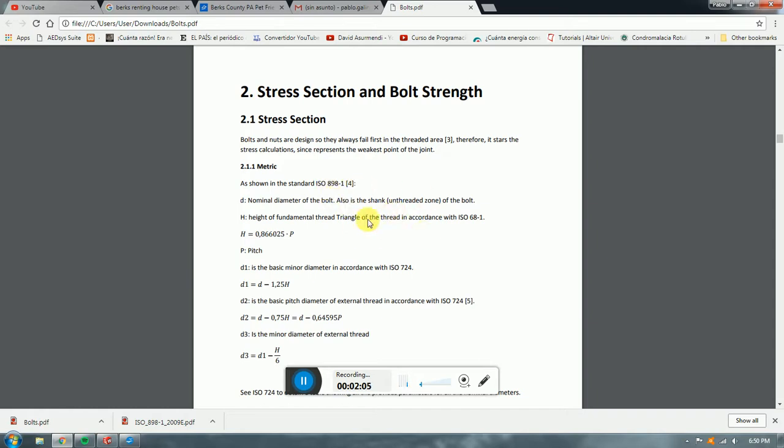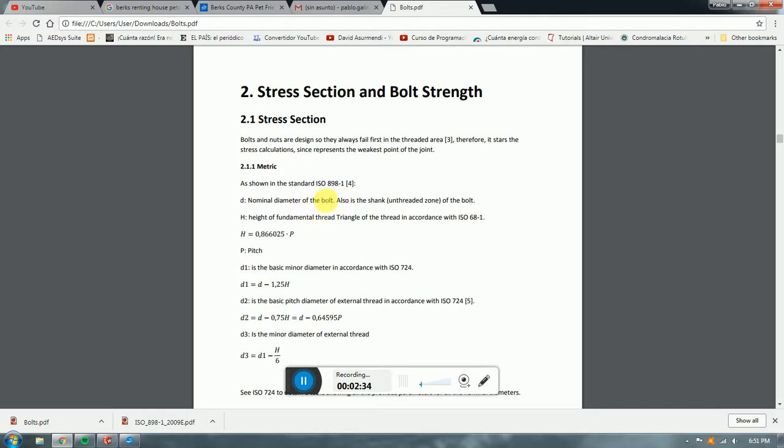Also, in some, okay, this is not completely true. I have to modify that. Not in all of the bolts, but in some of the regular ones, it's also the diameter of the shank or the unthreaded zone. There are some bolts, for example, if I'm not wrong, the ISO 4015, I think, where the shank or the unthreaded zone is narrower than the nominal.